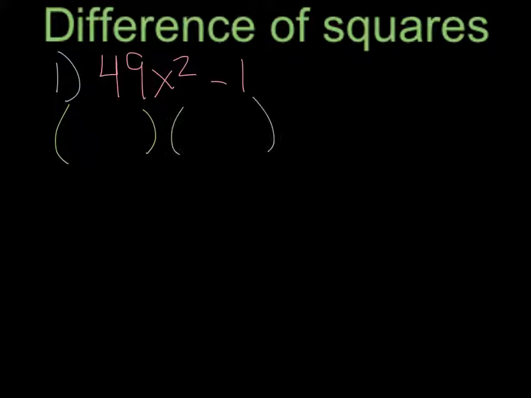What's the square root of 49? It is 7. And so you put a 7x in each one, so when it multiplies back out, you get 49x squared. And since it's difference of squares, you're going to have one minus and one plus.